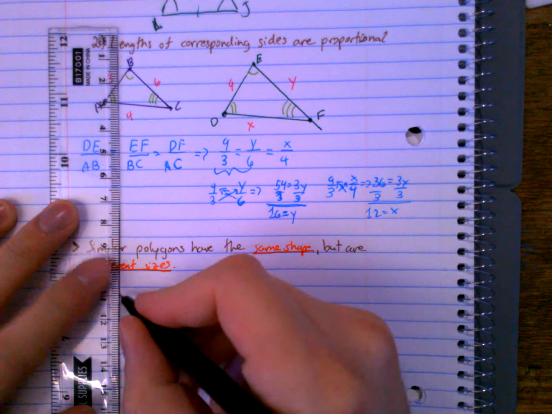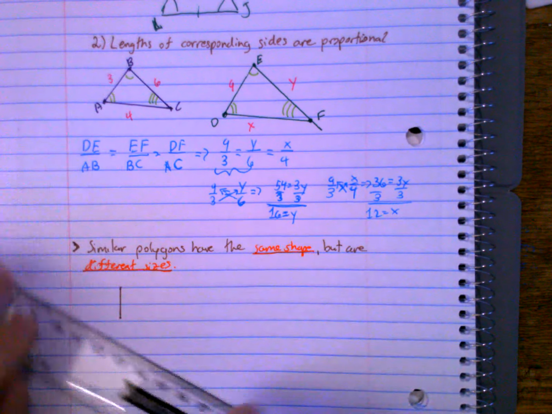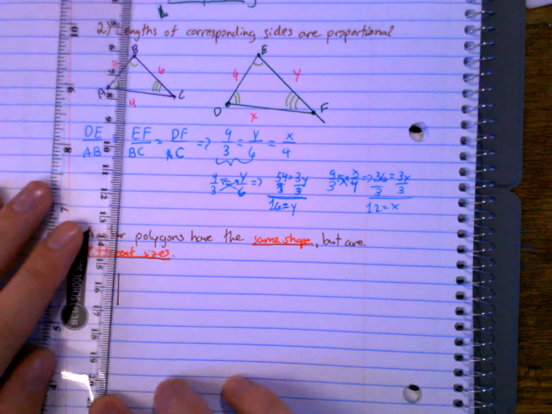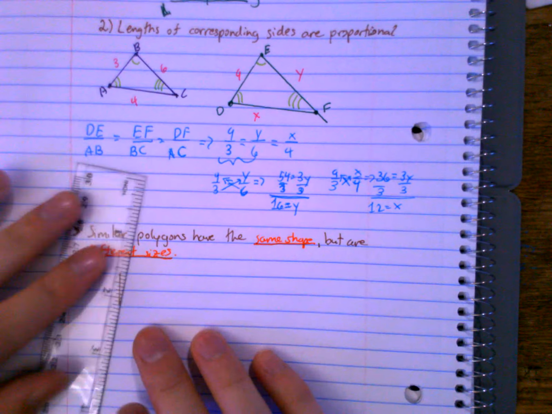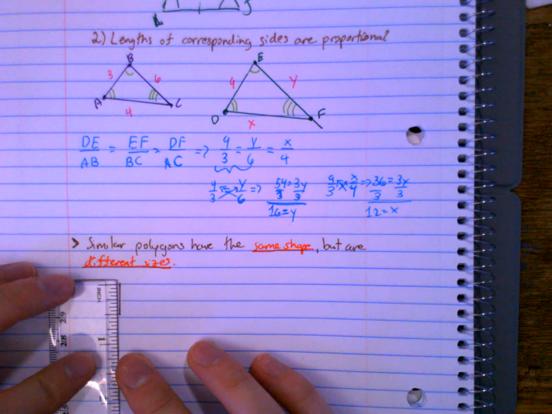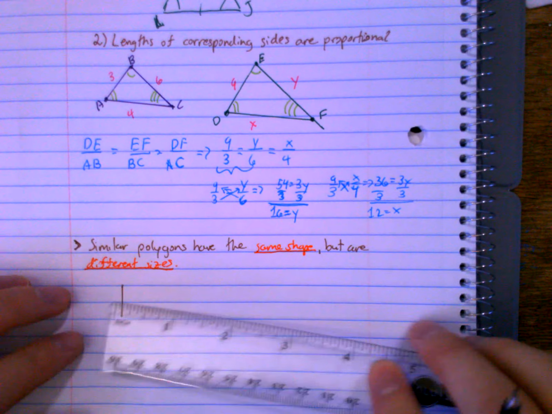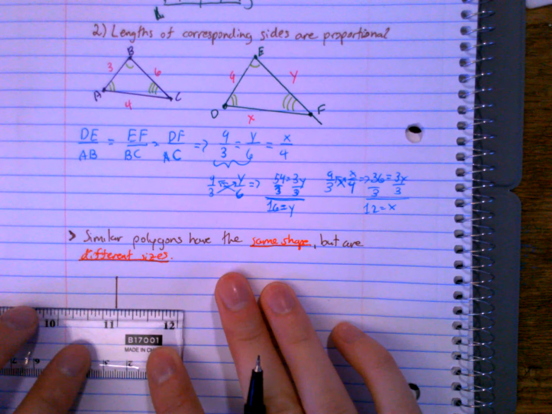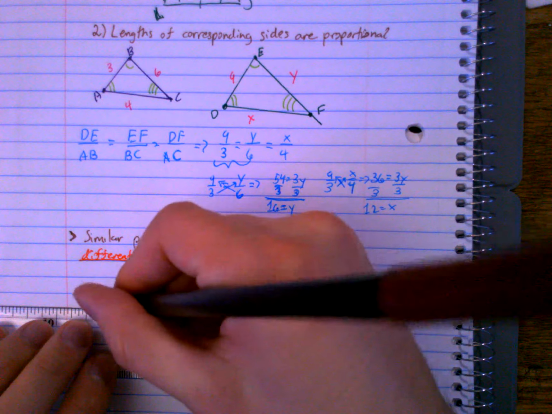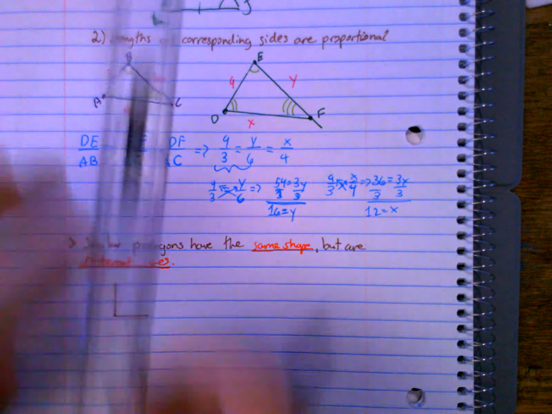All right, let's say I have a small square. How long is that guy? About half an inch.